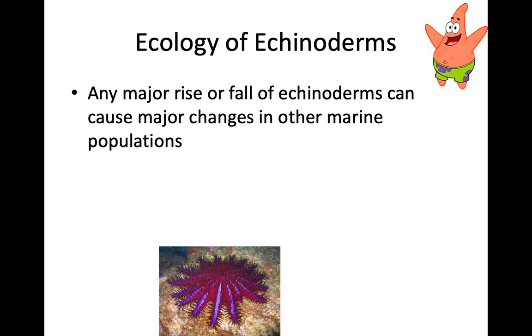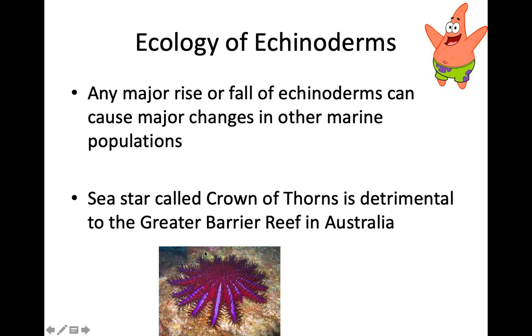Okay, and then another important or interesting thing that was mentioned in the textbook is that some echinoderms, especially if they're really voracious predators, can be a major threat. This right here is something called a crown of thorns. It's a type of sea star, and it is a major threat to coral reefs.